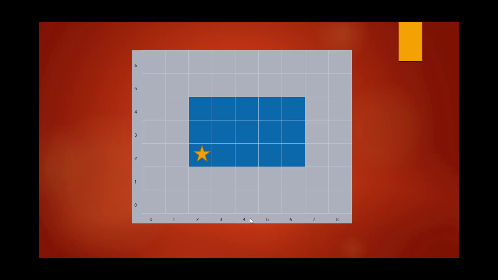So where the star is right now, that's the lower left corner. By visual inspection, we can tell that the dimensions of this rectangle are 5 by 3. And what we'd like to do is use formulas to calculate the positions or the locations of a variety of other cells, the coordinates of them.